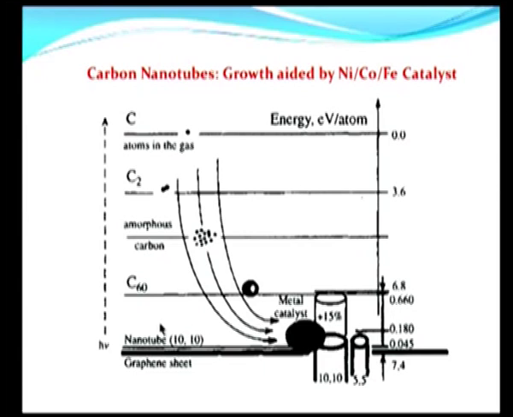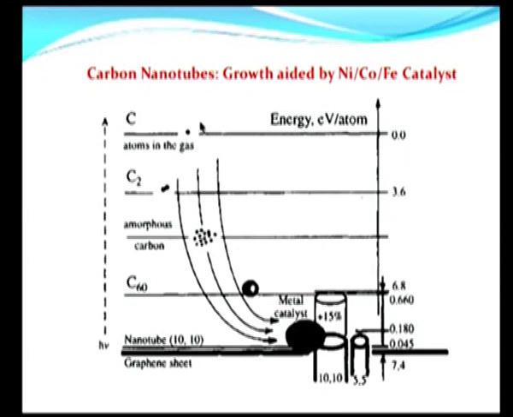What is noteworthy is that if one had buckyballs, for example, then by a relatively small expenditure of energy, 0.045 electron volts, it is possible to fold the carbon into a carbon nanotube.